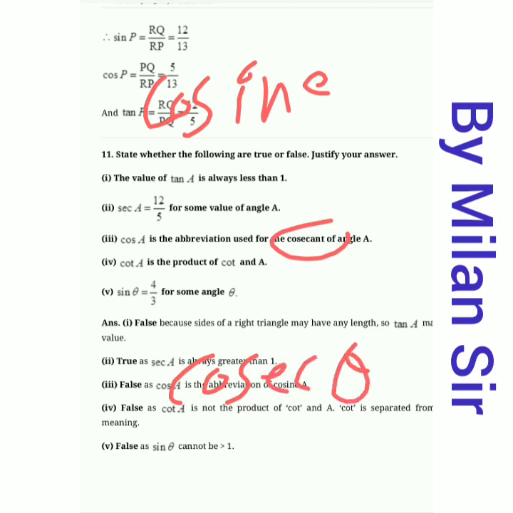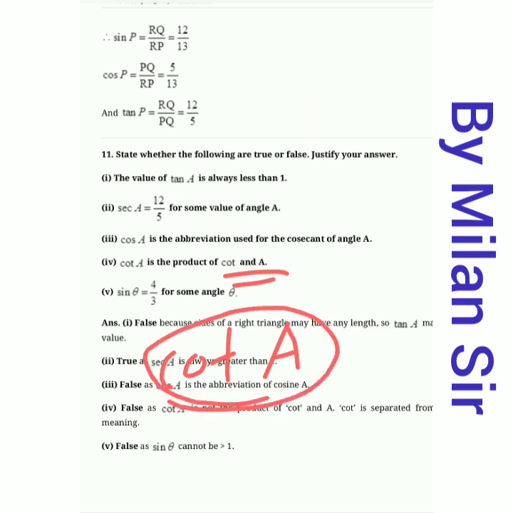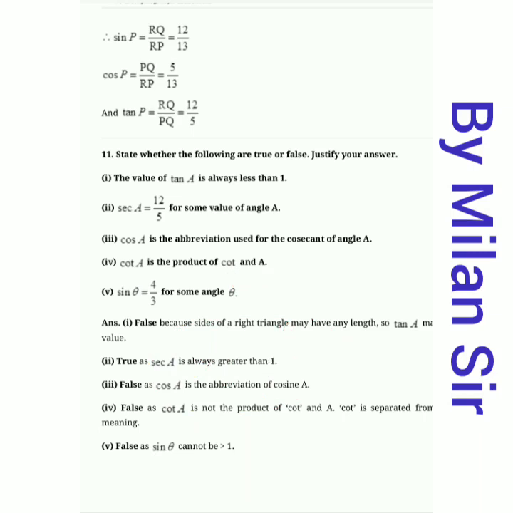So this statement is false. Fourth, cot A is the product of cot and A. No, it's wrong. It is not multiplication, but it shows angle. Okay, cot is one trigonometric ratio of angle A. It is not the multiplication of cot and A. That's why this statement is false.